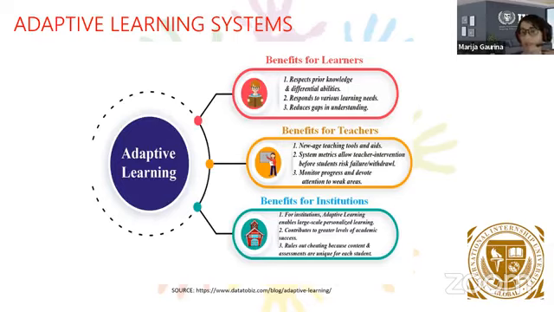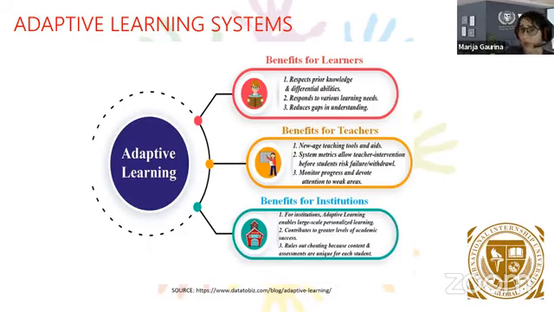And benefits for institutions. For institutions, adaptive learning enables large-scale personalized learning. And you have this at IIU, you know. You can have large-scale personalized learning. You can watch or listen to whatever you are interested in and want to learn. It contributes to a greater level of academic success, and it is at IIU.